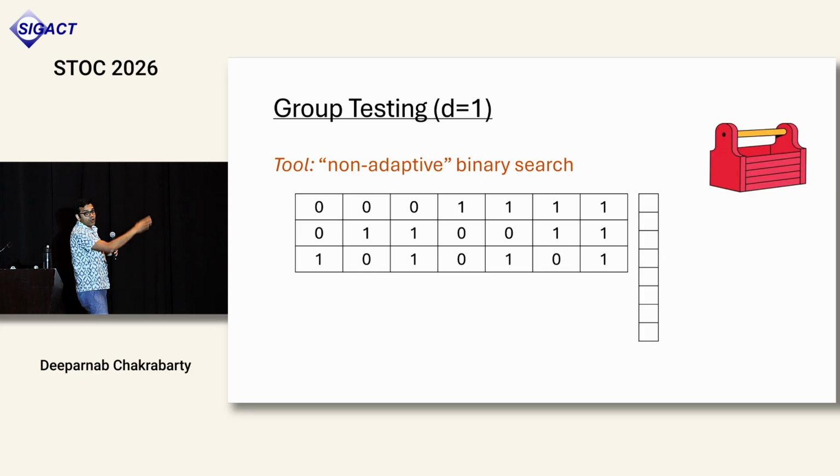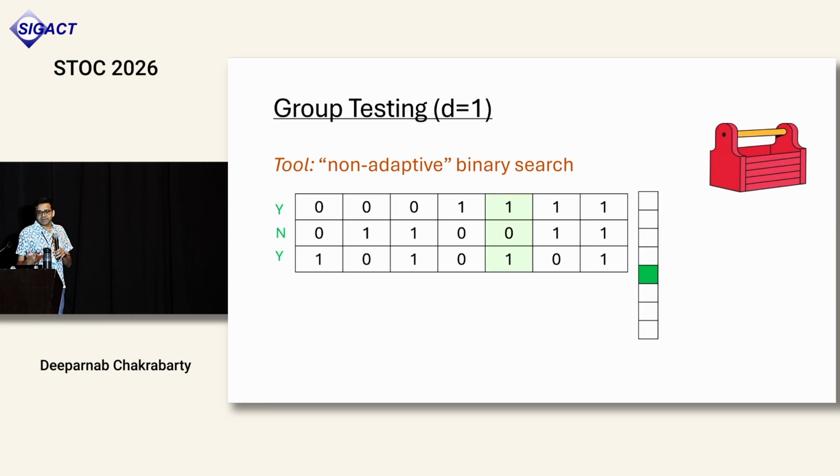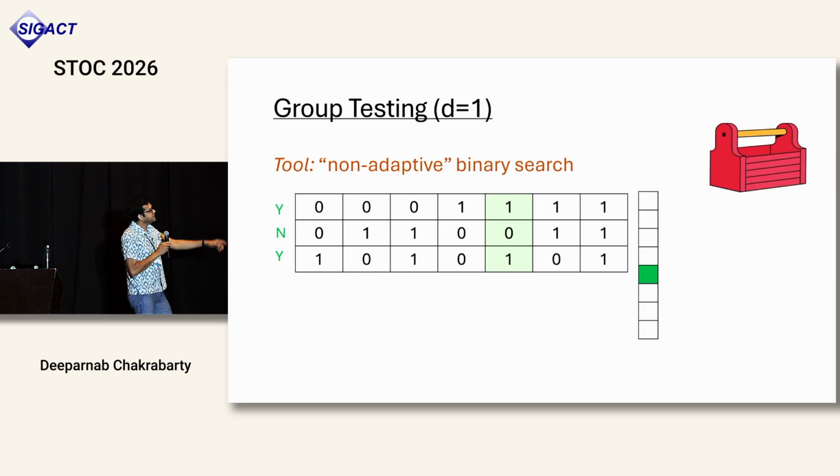So you are making log n queries, and you do it in one shot, in one round. The main reason this works is that if there's only one 1, for example the fifth coordinate, then the answer pattern is going to tell you which entry it is.